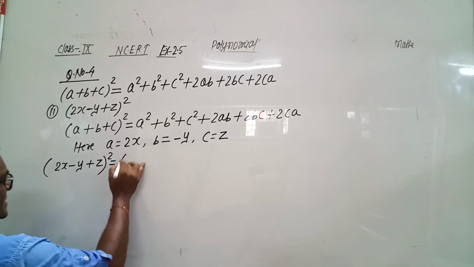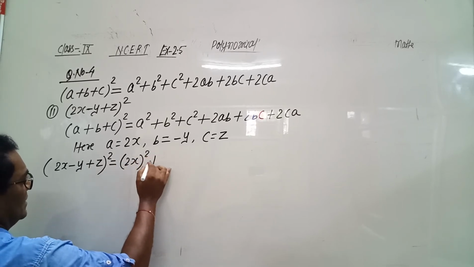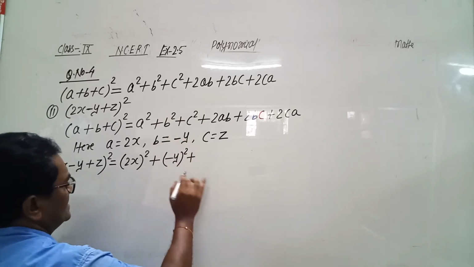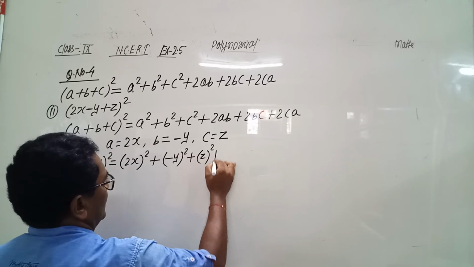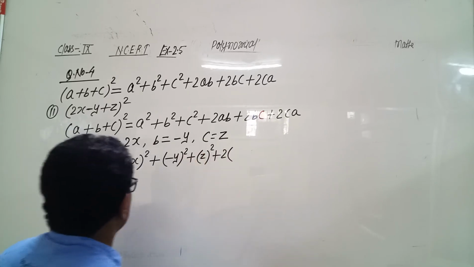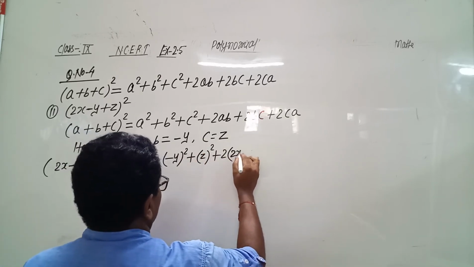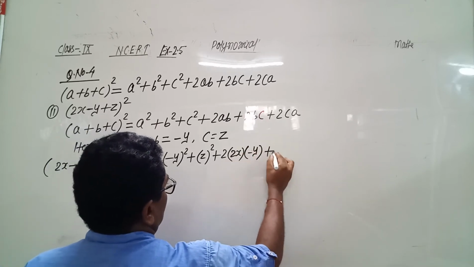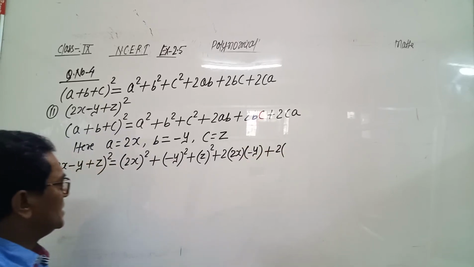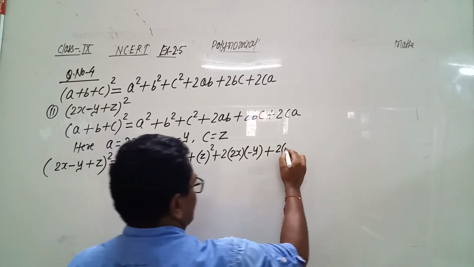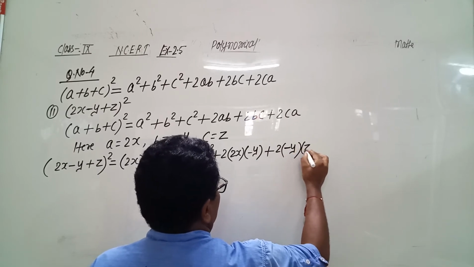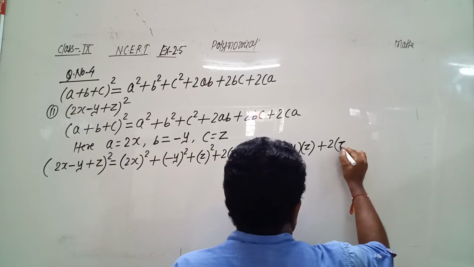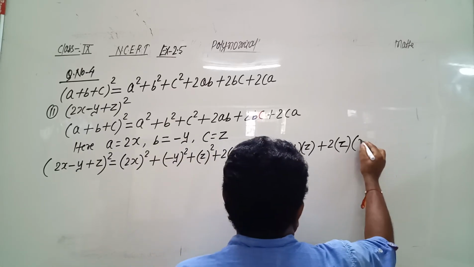So a square means 2x the whole square, b square means minus y the whole square, plus c square, z the whole square, plus 2 into a into b, the value of a is 2x and the value of b is minus y, plus 2 into b into c, the value of b is minus y and the value of c is z, plus 2 into c into a, the value of c is z and the value of a is 2x.